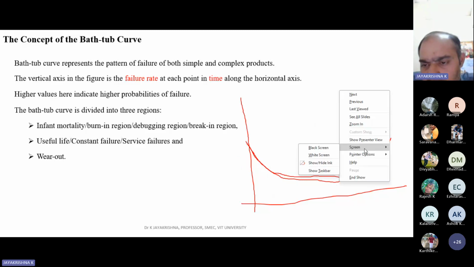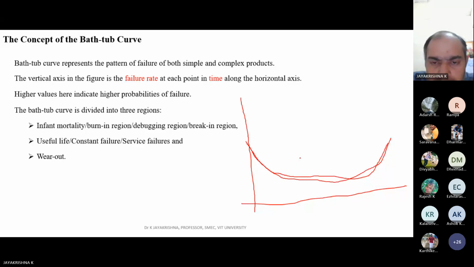Look at the formula for failure rate. We can use Z or lambda. Then on the horizontal axis, I'm going to plot time. When you plot failure rate versus time, you get a bathtub kind of curve for any product. That's why it is called a bathtub curve.